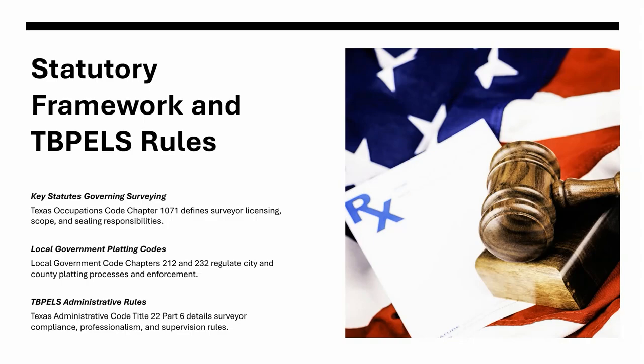For surveyors, look especially at Chapter 138, Compliance and Professionalism for Surveyors, and Chapter 131, Definitions, including direct supervision and responsible charge. The board publishes a consolidated Acts and Rules PDF that I'll bookmark to our Canvas page.